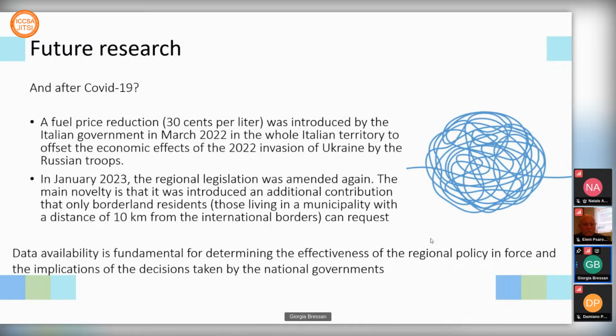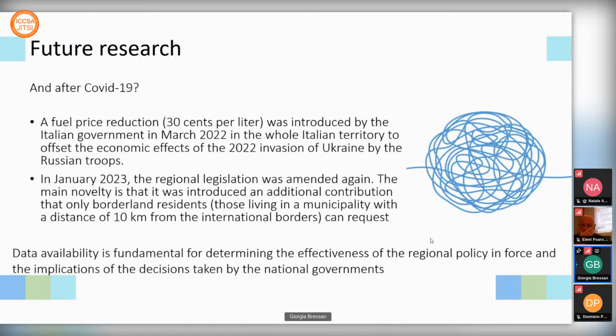And secondly, at the beginning of this year, the regional legislator amended again the legislation on the purchase of regional fuel. And the main novelty is that an additional contribution was introduced that only borderland residents can request.